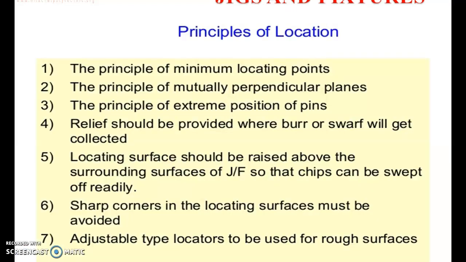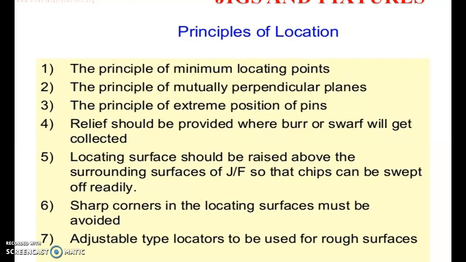So before we determine the types of movement, there are some principles known as principles of location. Let us discuss them. The first point is the principle of minimum locating points. Number 2, the principle of mutually perpendicular planes. Number 3, the principle of extreme position of pins.